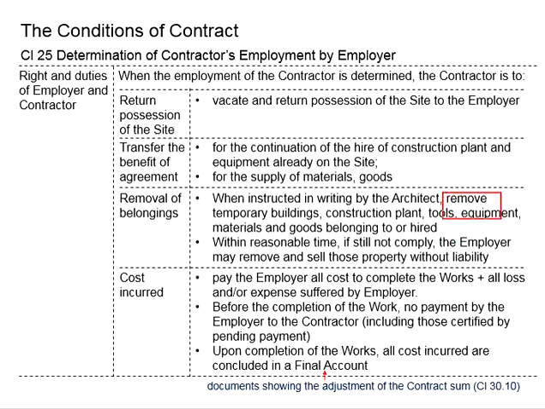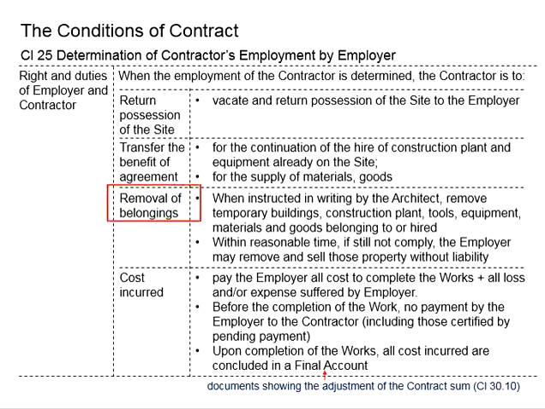In order to remove all this, there should be written instructions by the architect. It is to prevent the items that are not supposed to be removed from being removed by the contractor without any consent. Only those stated in the notice are allowed to be removed.